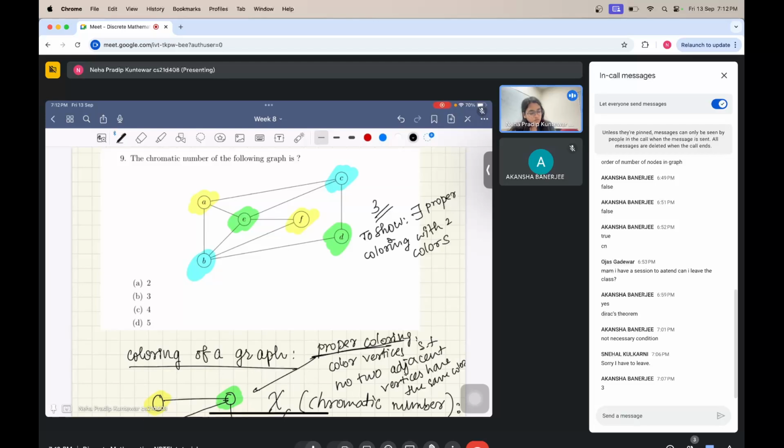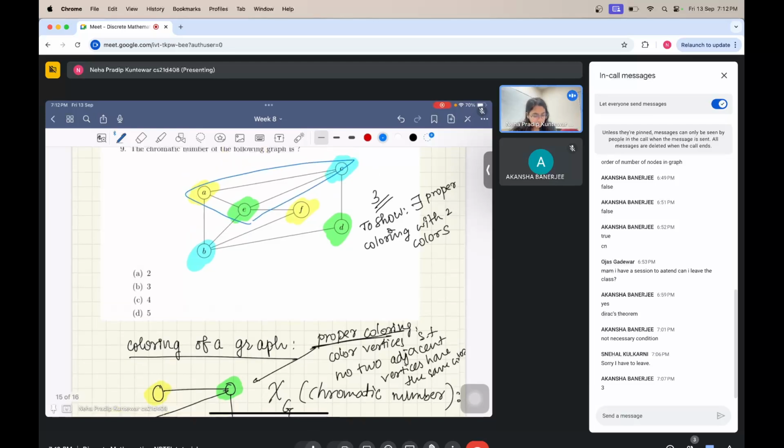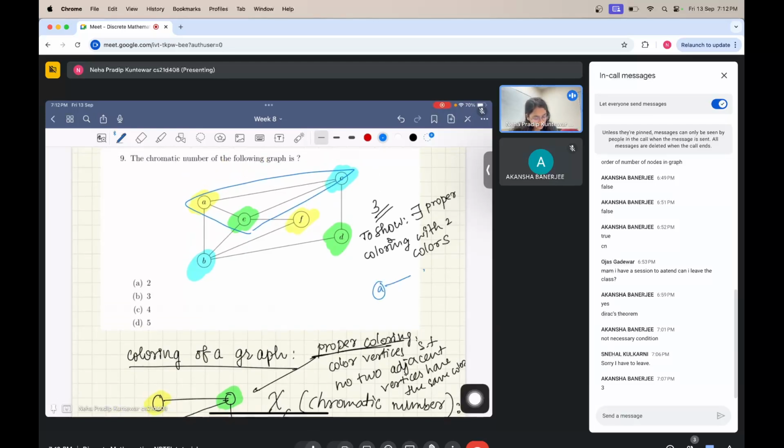So what you can do is look at this clique here. There is this particular subgraph where A is connected to C, C is connected to E, and E is also connected to A. Let's say you color A with yellow, then you cannot color C with yellow, and you cannot color E with yellow, because they are adjacent.